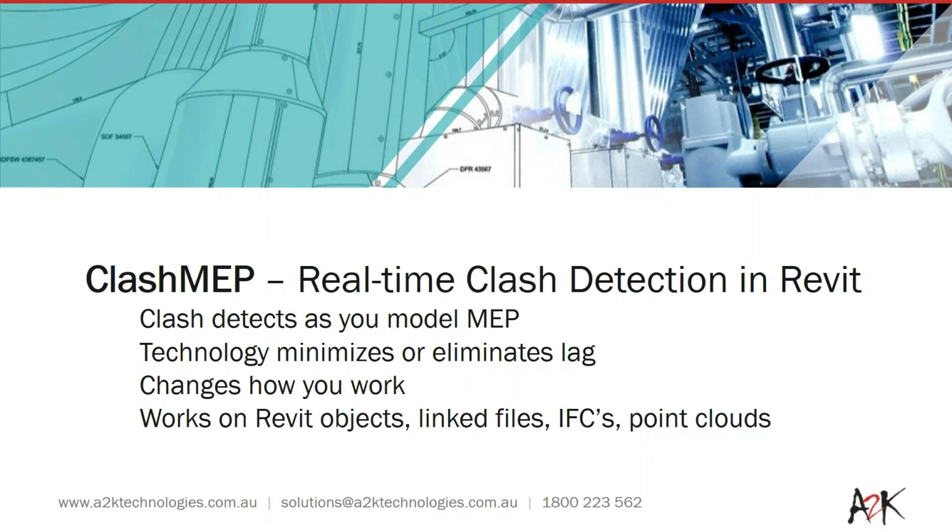It will clash elements on the fly as you're modeling. One of the key points is that it will work not only on Revit objects and elements inside your model, but it will also clash against linked files, IFC linked files, and point clouds as well.